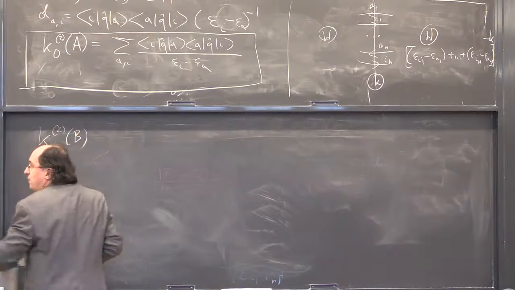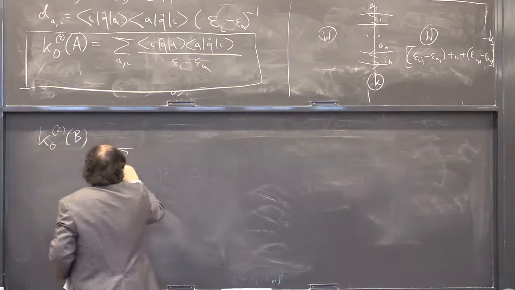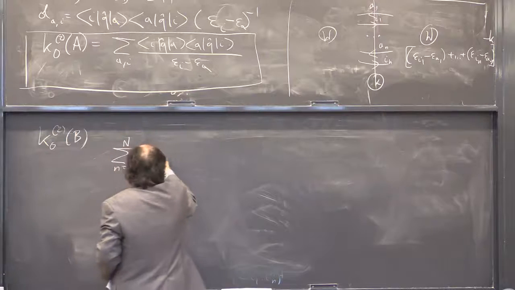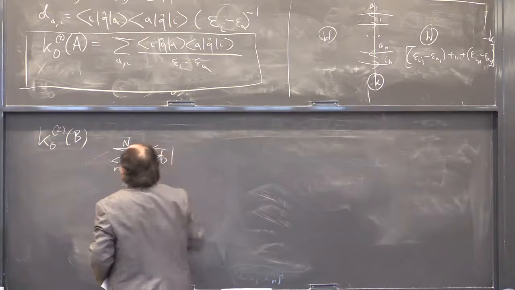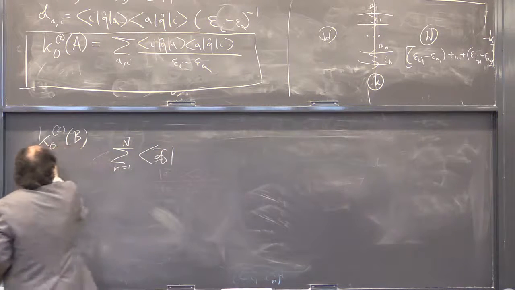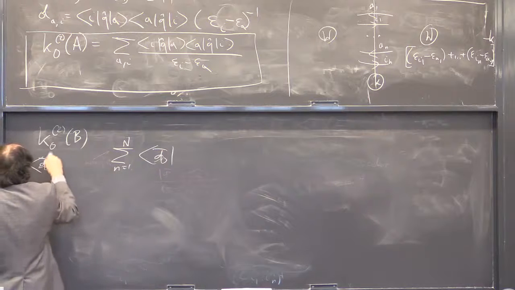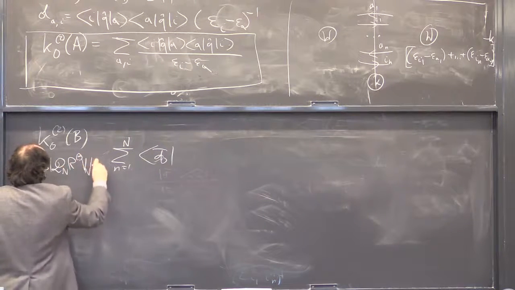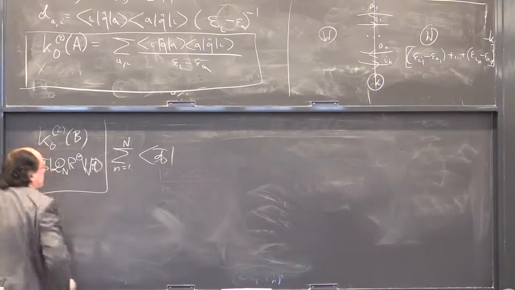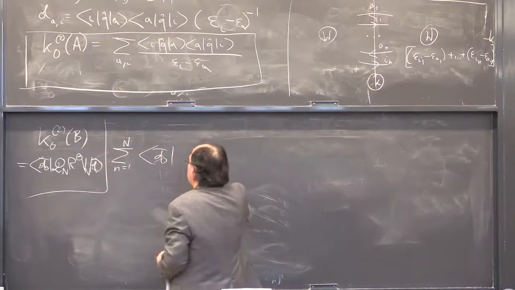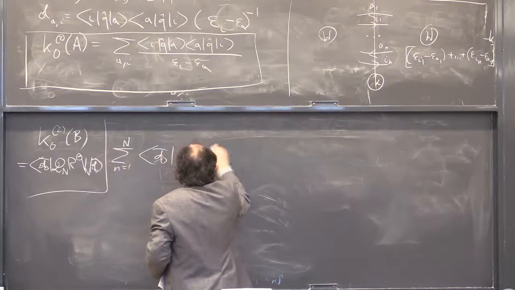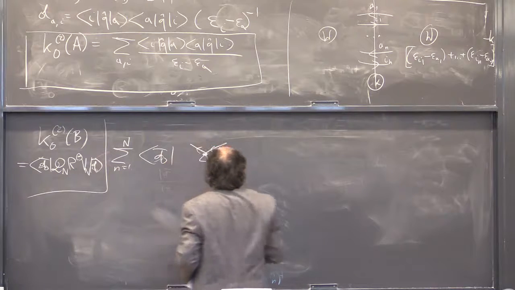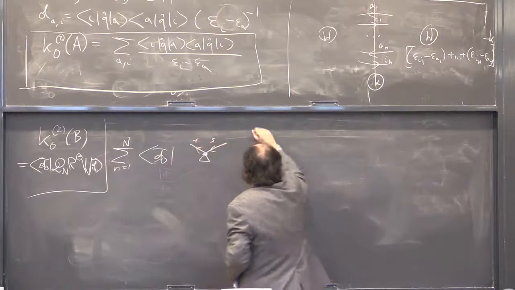You start in the same way. You have a summation over n from 1 to n, and we have phi 0. K0b is defined as phi 0, Qn, R0, Vn, phi 0. Let's see what we can do about that one. On the left we have a Q vertex, then we have a resolvent.